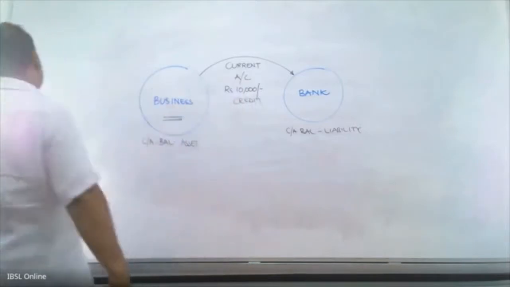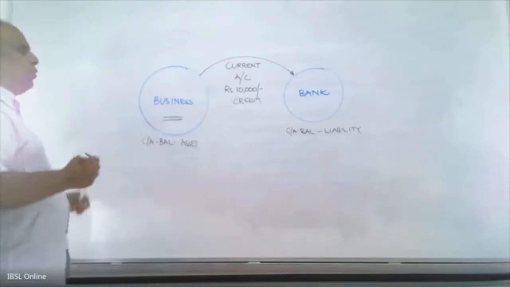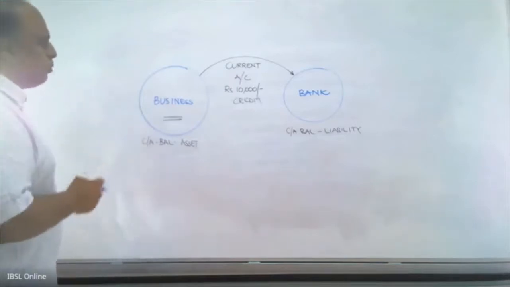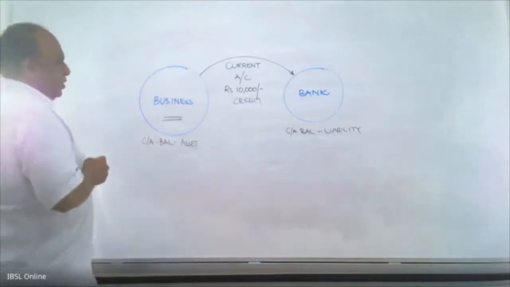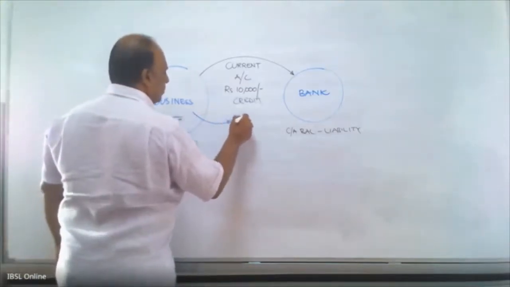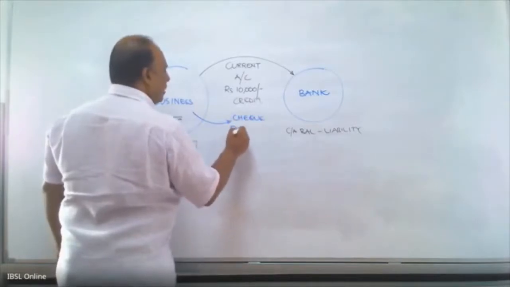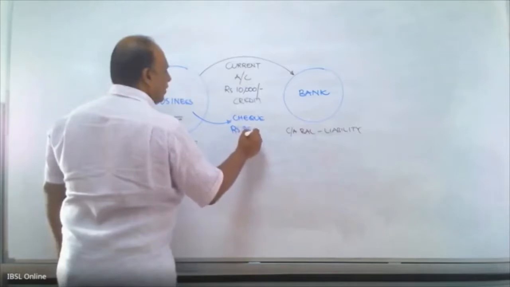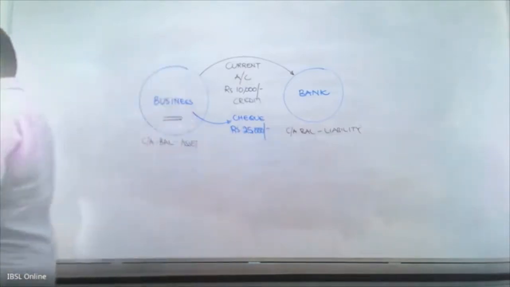So you have cash. Now this business has purchased some goods, so they issue a check for 25,000 rupees.